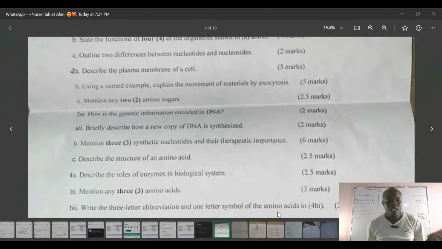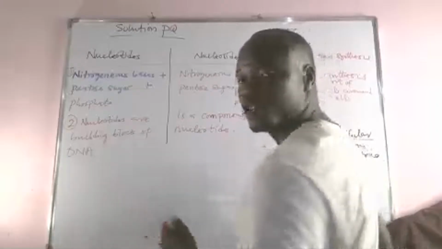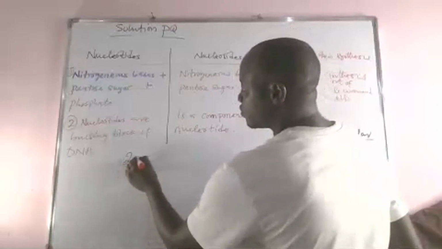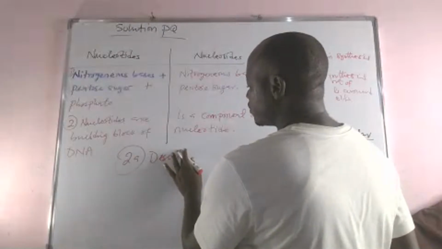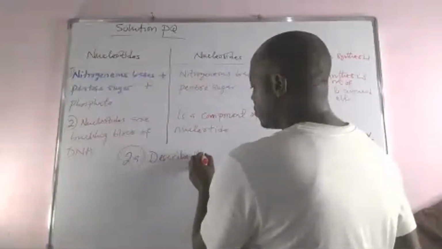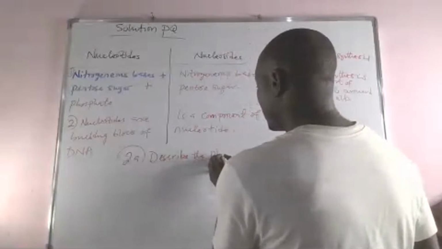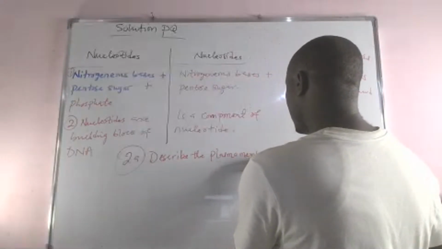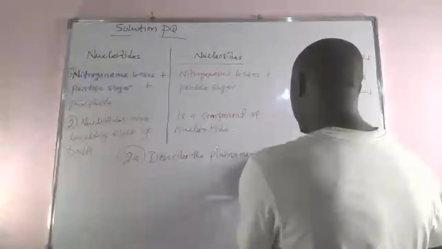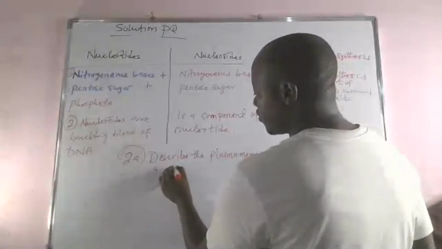So now, let's look at question 2a. Describe the plasma membrane of a cell. Question 2a says, describe the plasma membrane of a cell.